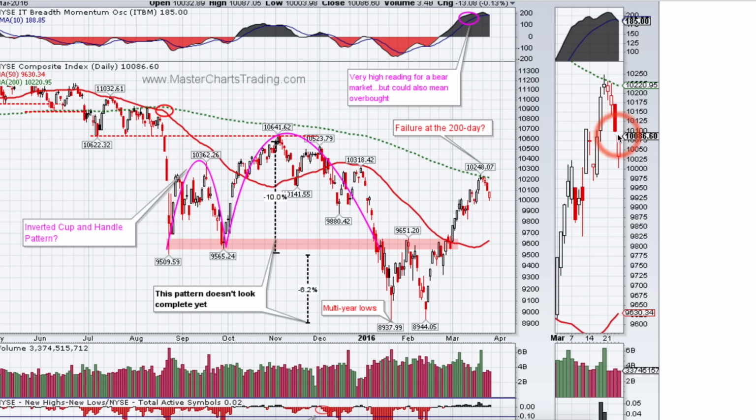Now, whether or not we will get a rebound, most likely we will get a rebound and the price will reattempt to capture the 200-day moving average. The important thing is that if it does fail here, we could roll over and make a lower low, and that will be already a negative sign for the bulls.